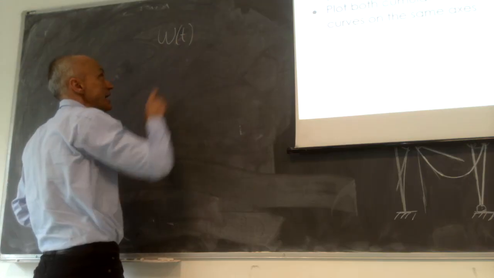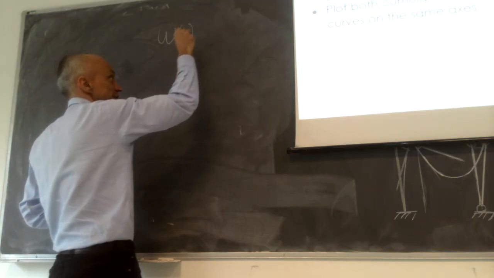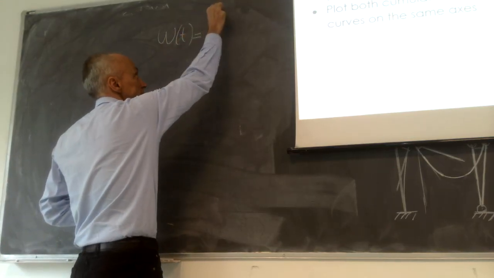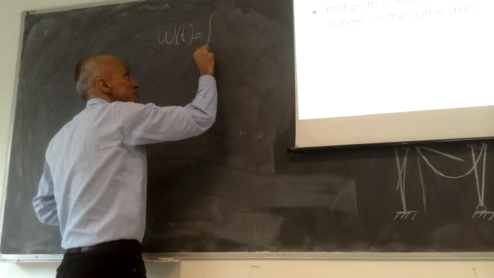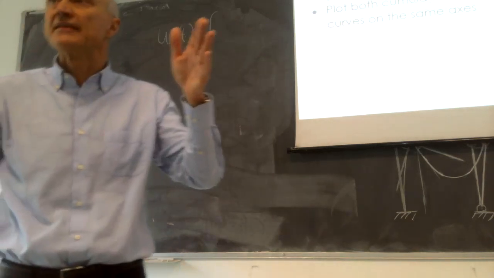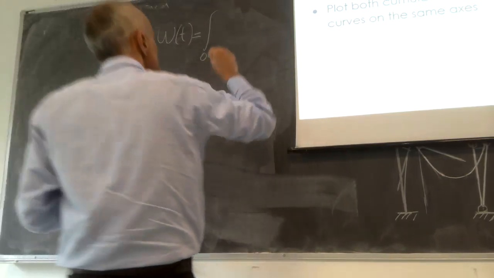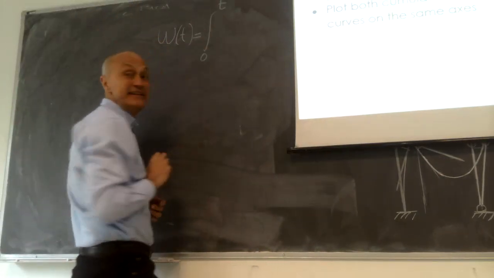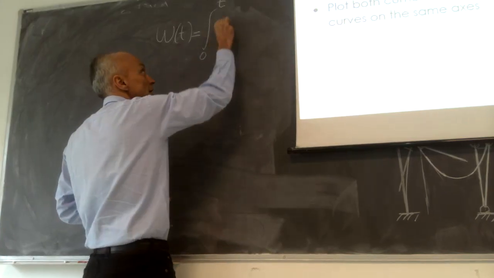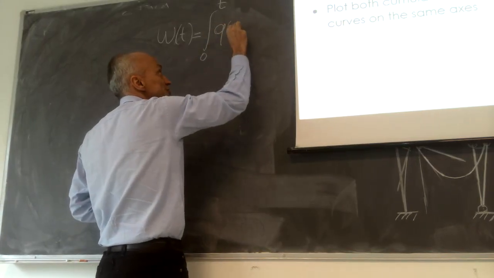This is in time. This is the mass curve. So basically this is what? The integral from 0, when we start looking at the system, 1st of January in all my example, to a given day t, integral of the discharge q.